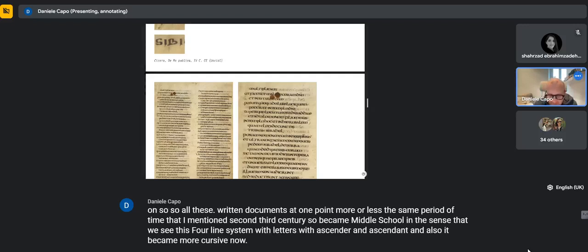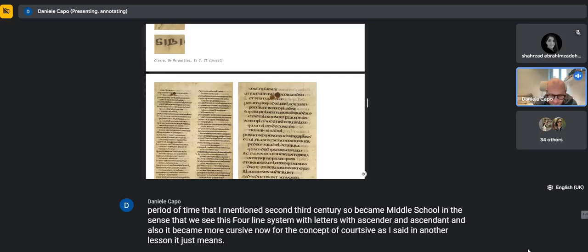Now, the concept of cursive, as I said in another lesson, just means that it is written quickly.